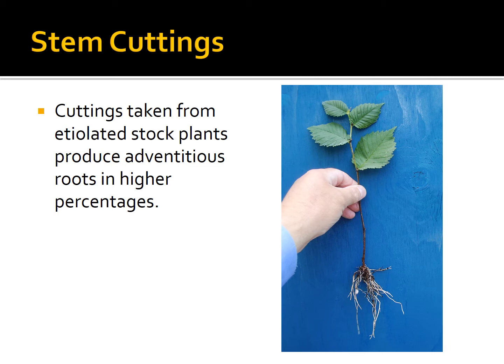Essentially, you're going to be blanching that part of the stem. You're going to be excluding light. And then when you're ready to make your cutting, you remove the covering, treat the cutting with a rooting hormone, and stick it. And you might find that those blanched etiolated cuttings will root in higher percentages than cuttings from the rest of the plant.